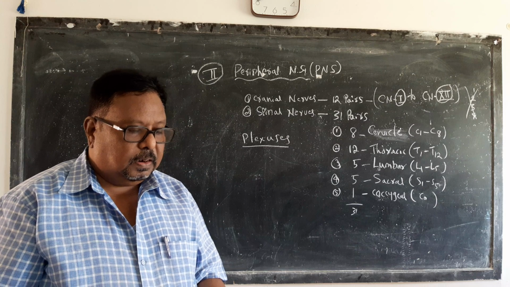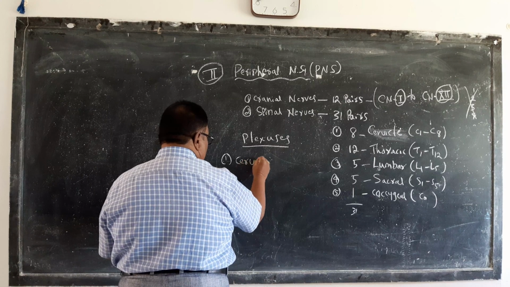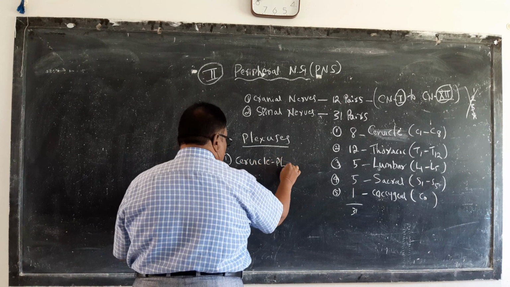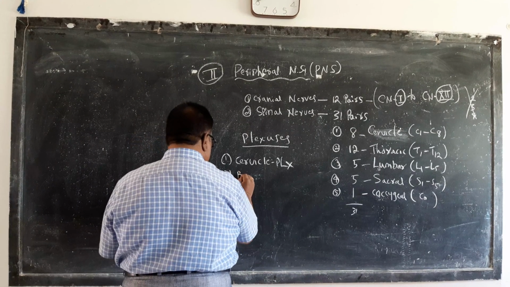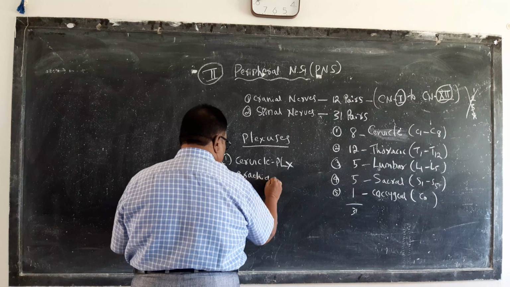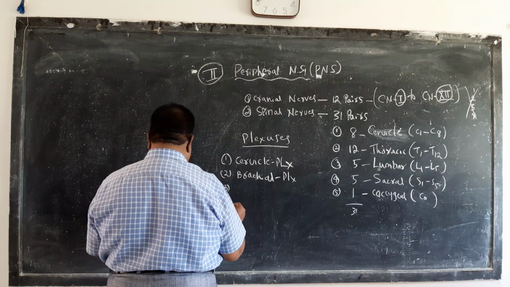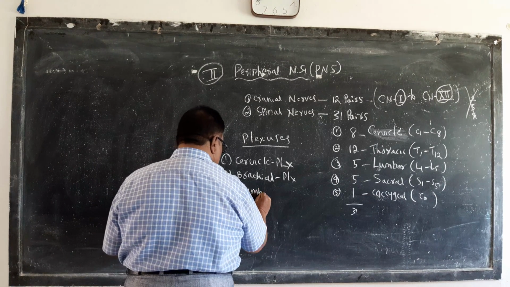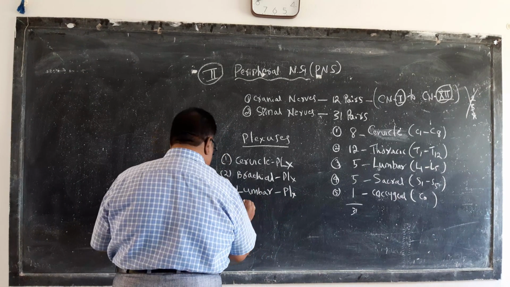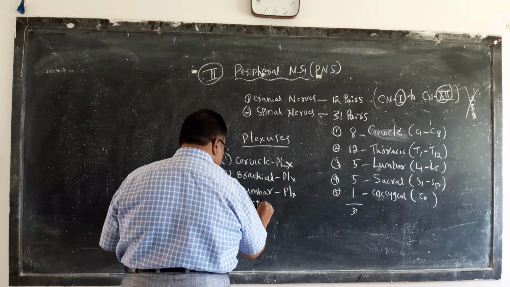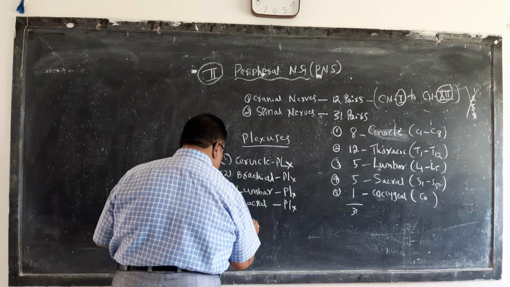They are cervical plexus, then brachial, third one lumbar, fourth one sacral, then fifth one is coccygeal.